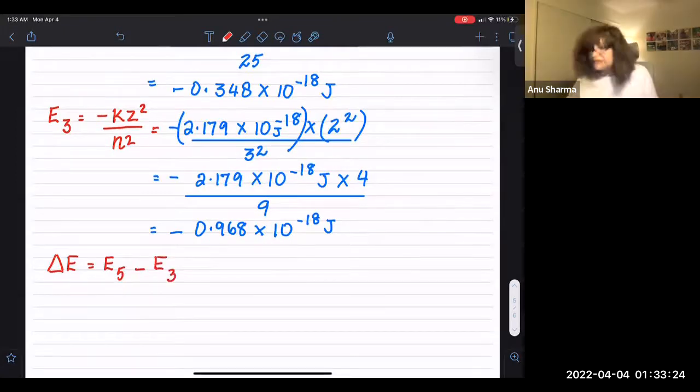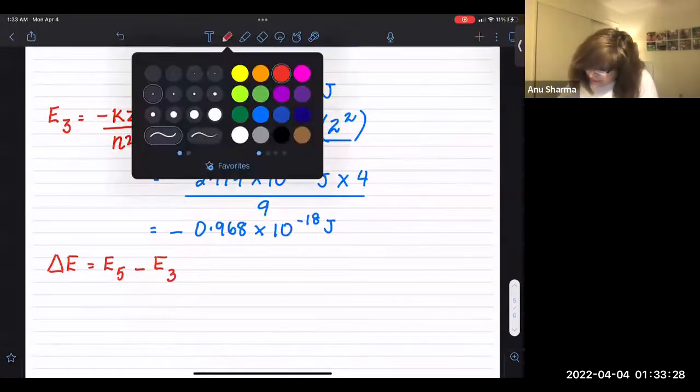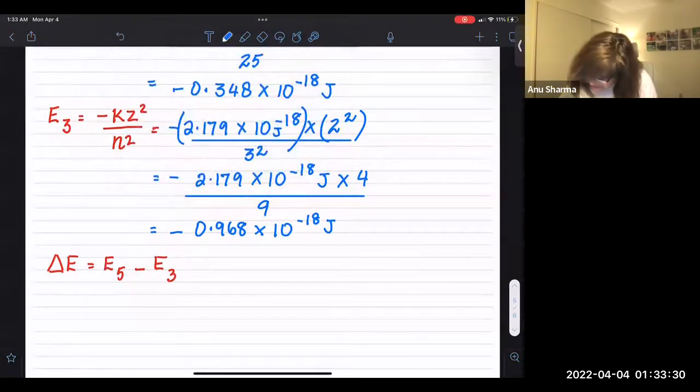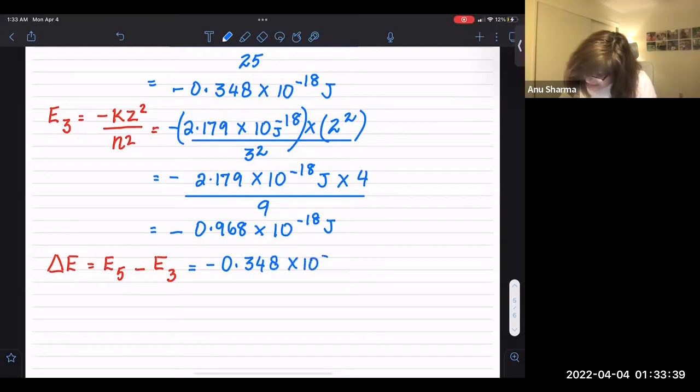So in other words, this is emitting radiations. So here, in this case, the E5 value is negative 0.348 into 10 to the power negative 18. Okay, so that's one number.